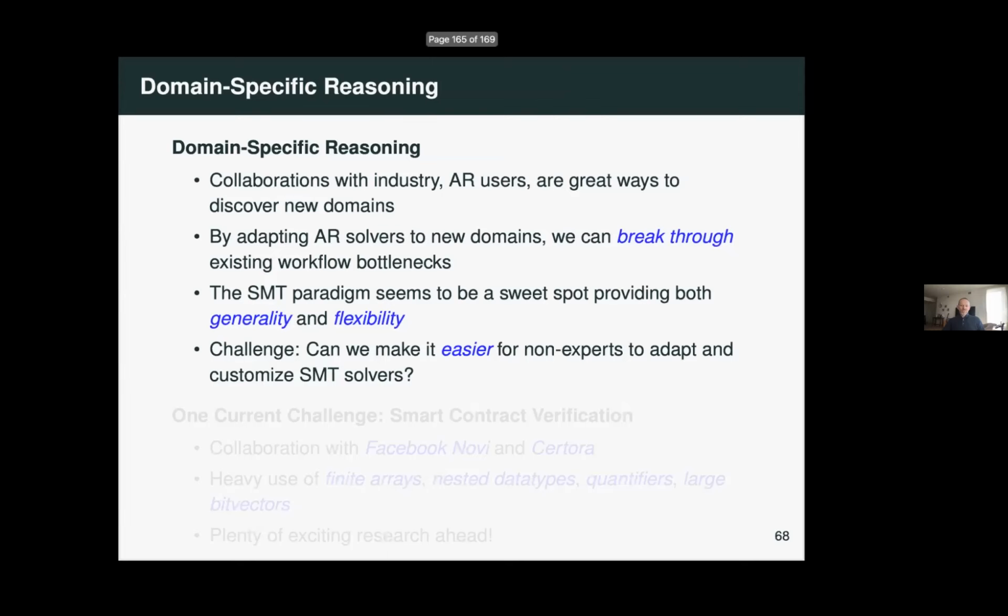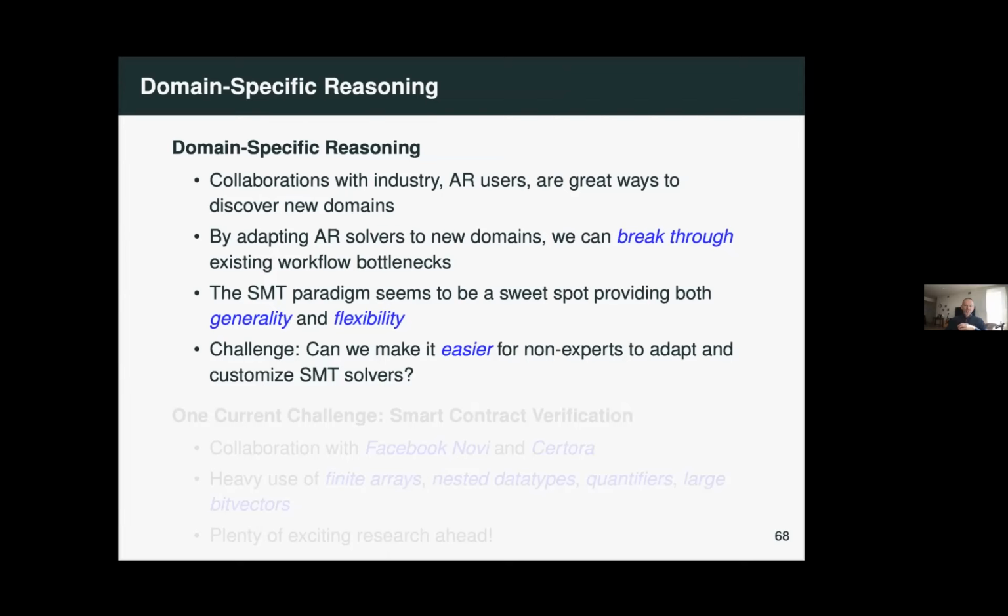Okay, so to conclude, what I hope I've left you with is this idea about domain-specific reasoning, which is, first of all, collaborations with other users in industry are great ways to discover new domains that may be challenging. And by having this idea that we can adapt AR solvers to new domains, we can break through these workflow bottlenecks.